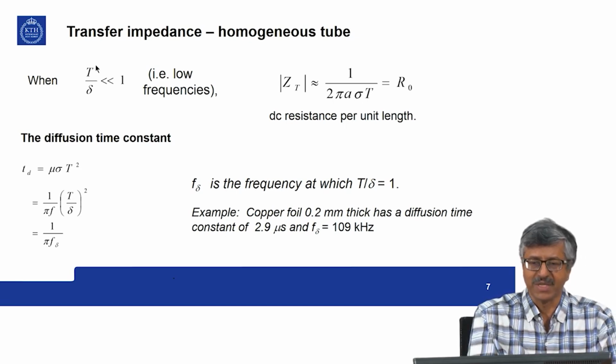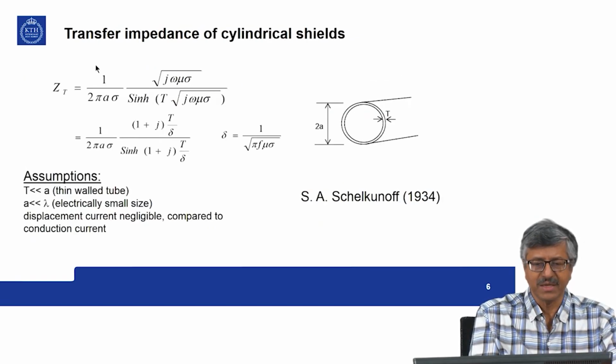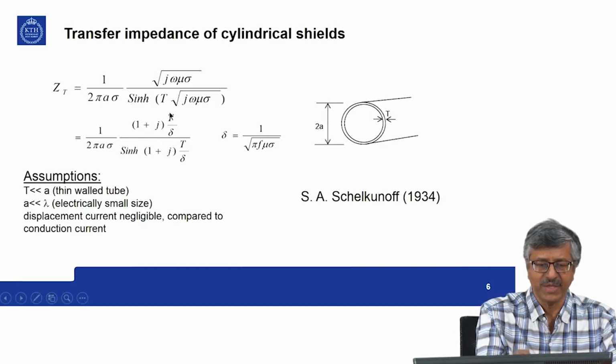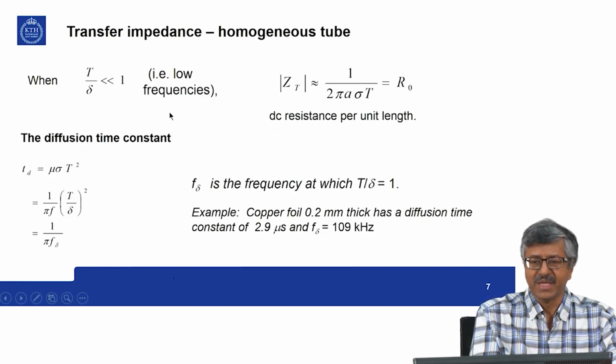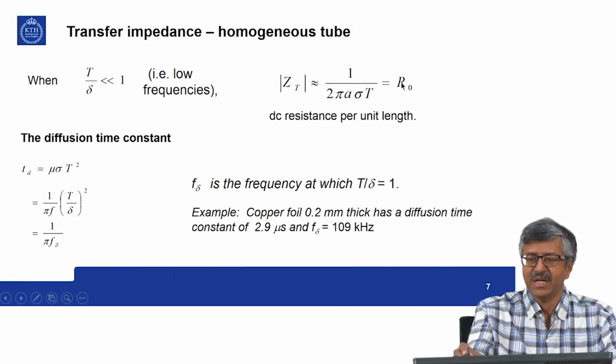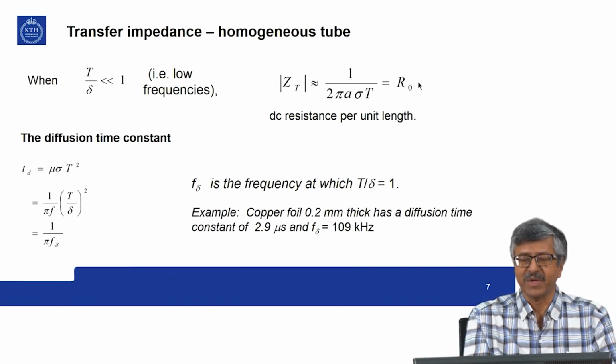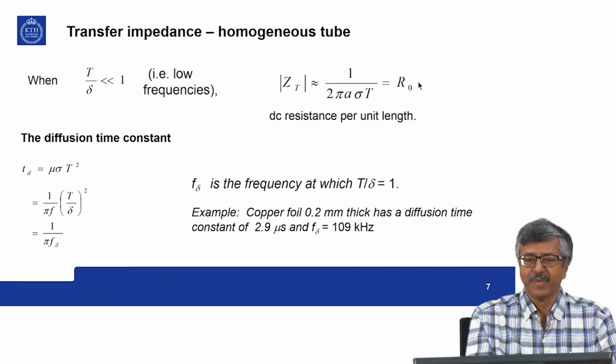In that case, if you substitute in this expression, you will see that transfer impedance is nothing but 1 by 2 pi a sigma t, where t is the thickness, which is the DC resistance per unit length, so many ohms per meter. So transfer impedance is nothing but the DC resistance at very low frequencies.